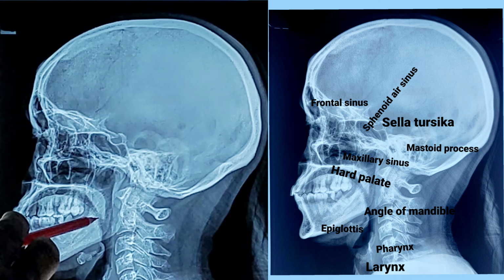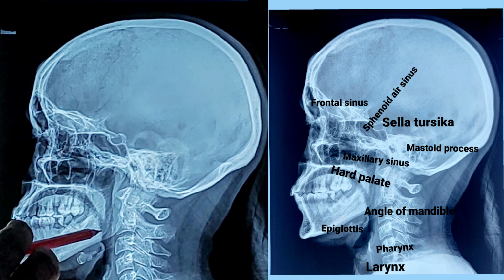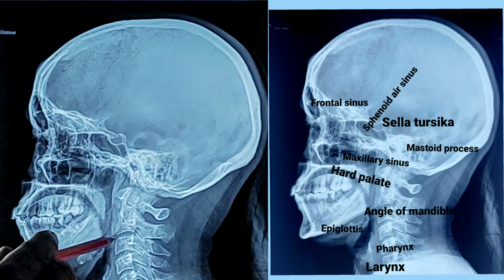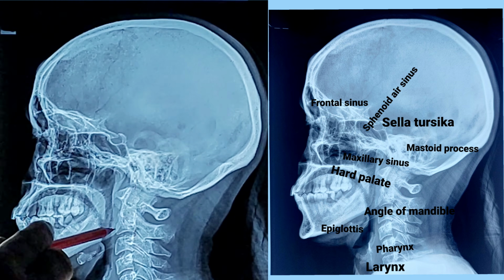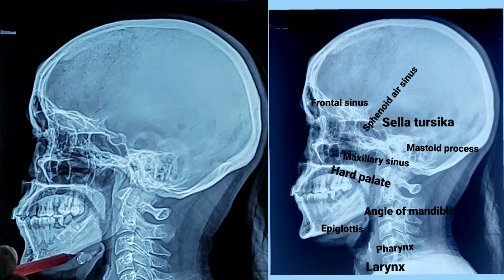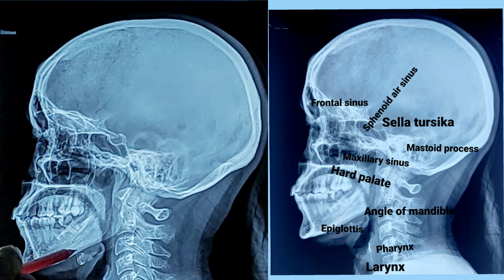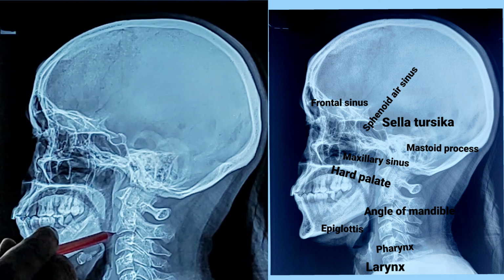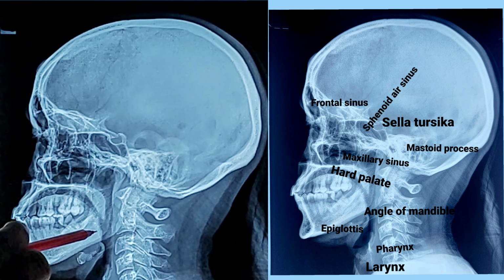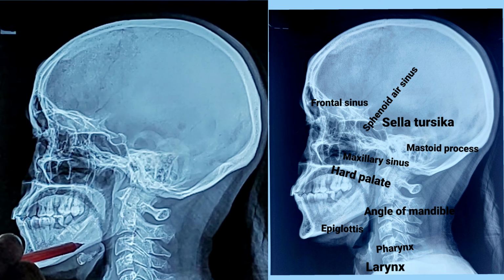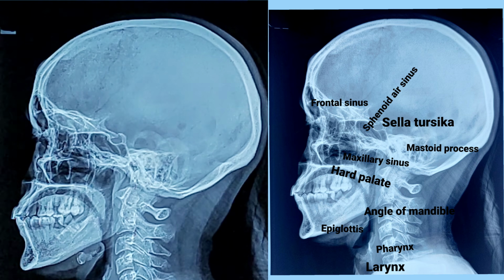And this is the shadow of the mandible. And this is the shadow. So the two shadows are there. One shadow is this one, and another is this one, lower border. So this is the mandible of this side, and this is the mandible of the opposite side.